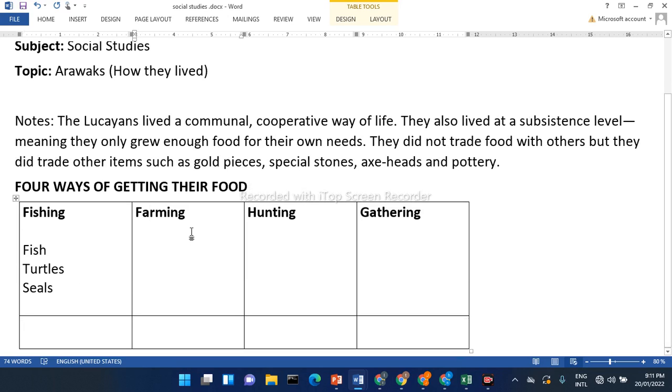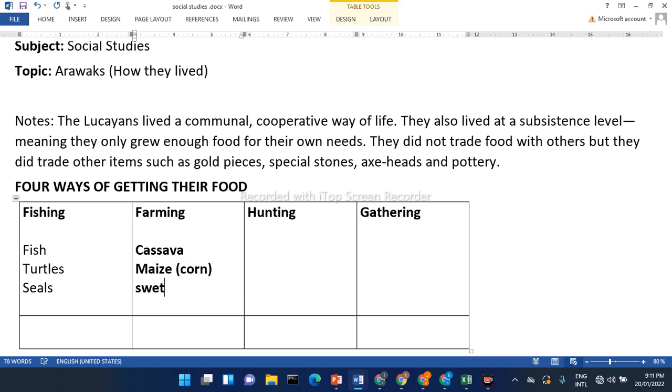And now for farming, what would they farm? They would grow cassava. They would grow maize, and maize is just a fancy name for corn.